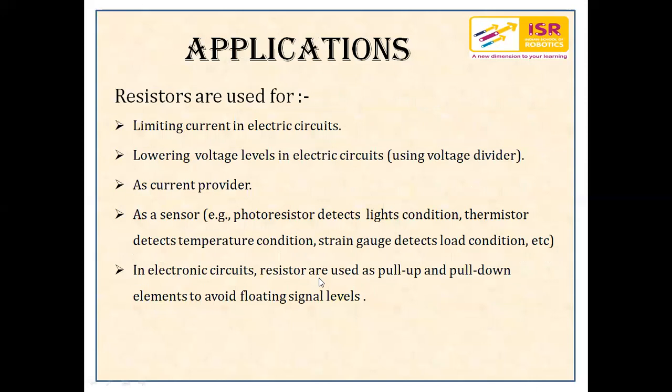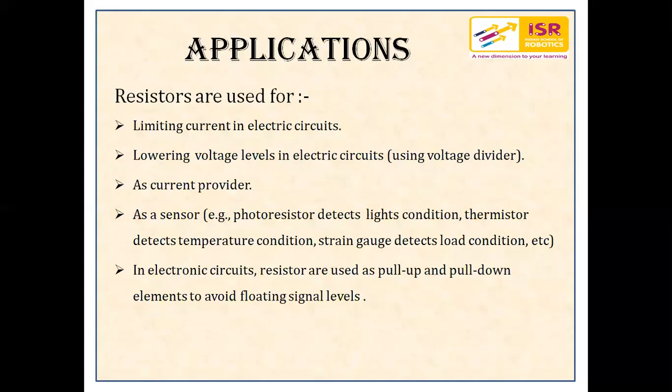Now we have different applications for resistors. Applications means where we can use resistors. So resistors can be used for limiting the current that is flowing in electric circuits. They can be used to lower voltage levels in the electric circuit. You can use resistors as a sensor also.